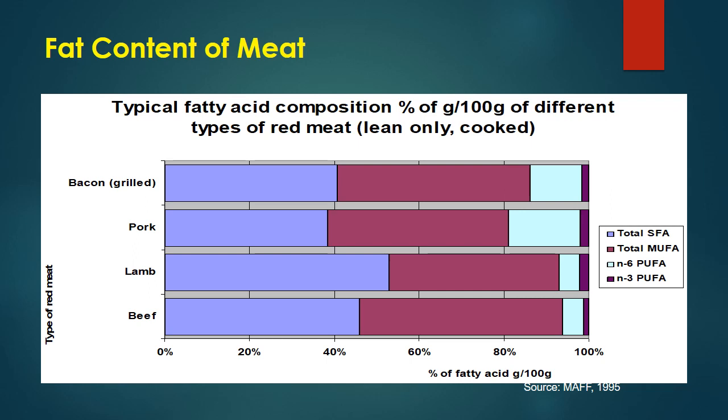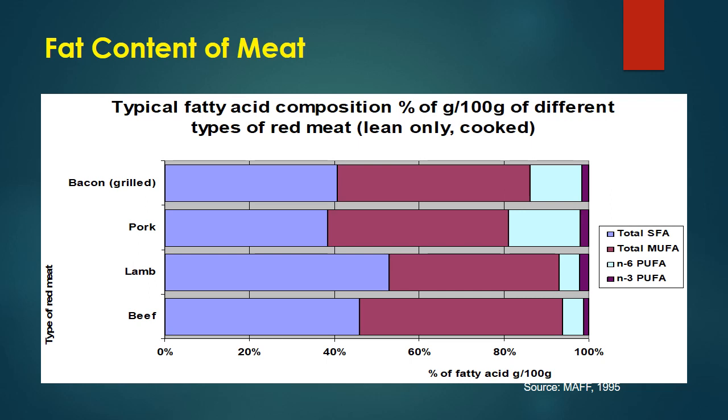In case of lamb, the saturated fatty acid is quite high. In fact, it is highest among all, and the MUFA is quite a good amount, N6 is quite less, and N3 is very less. And in the last line we can see the beef.